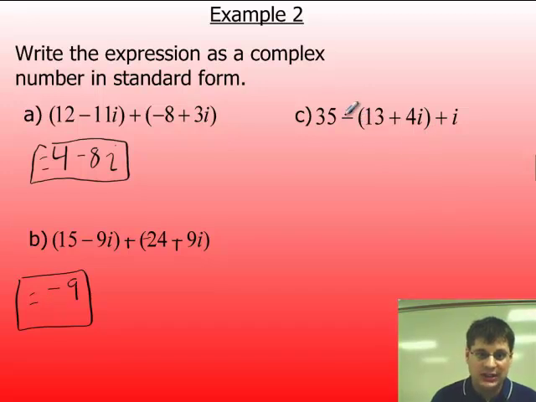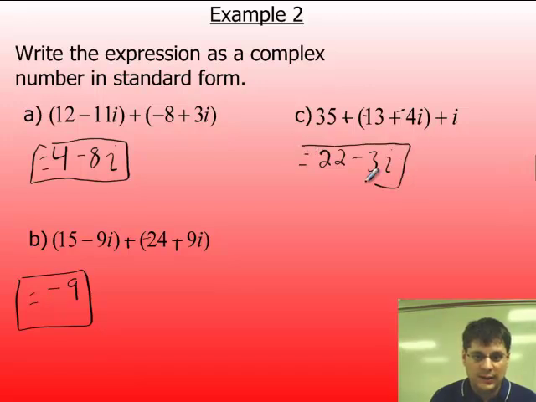They don't really serve any purpose except for the minus sign here, which we apply to the negative 13, and then the 4i becomes negative as well. So when I simplify this, I'll be left with positive 22, because I've combined the 35 and the negative 13. And then the negative 4i plus i leaves me with negative 3i. So that's my simplified expression for that one.